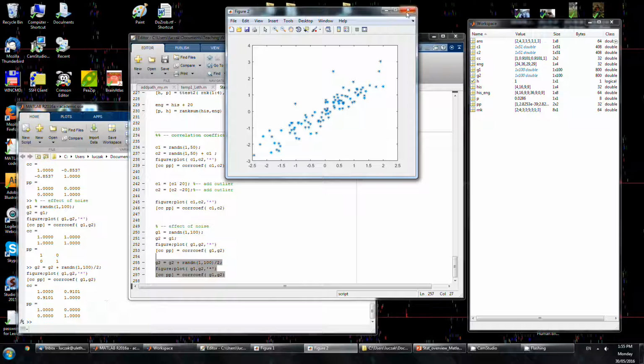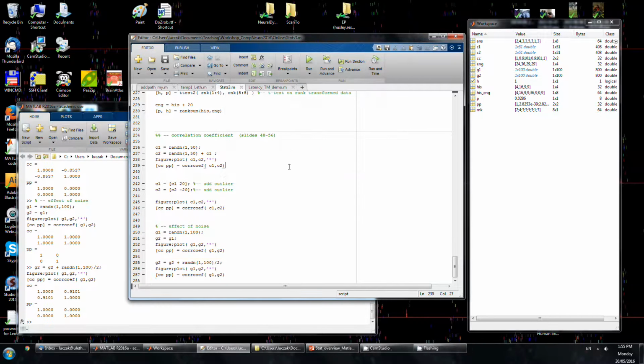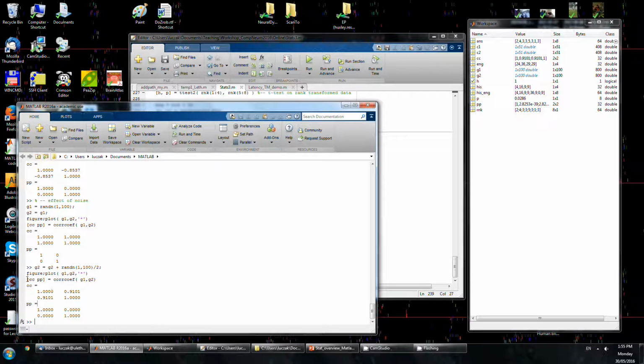One thing I need to explain about MATLAB is that when I calculate this correlation coefficient, the first output is the correlation coefficient, but it is not returning 1 value but 4 values. How to interpret it? This 1 is the correlation coefficient between G1 and itself.